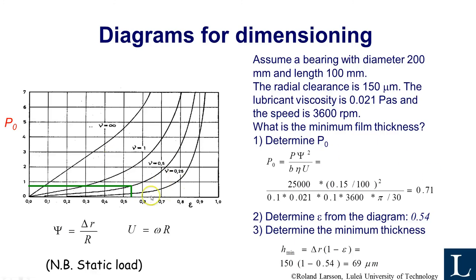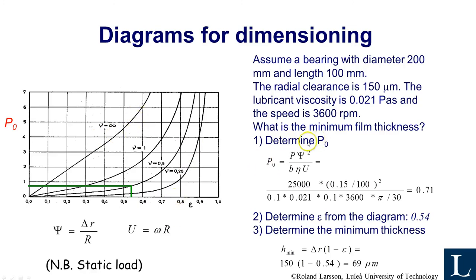In this case, the non-dimensional load bearing capacity of the bearing is plotted versus the relative eccentricity. The different curves show the different widths of the bearing. So nu equals 1 means that the bearing diameter and the bearing width are the same, and these are more narrow bearings, and this is an infinitely wide bearing.